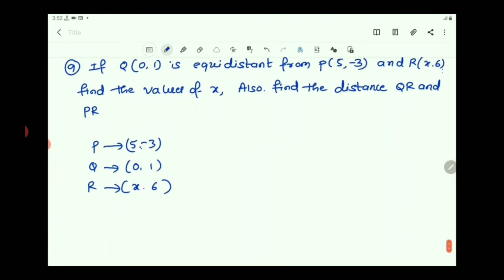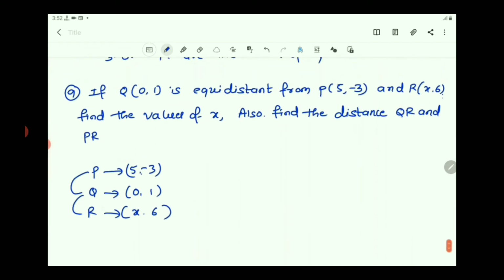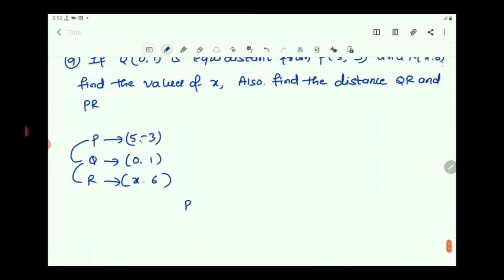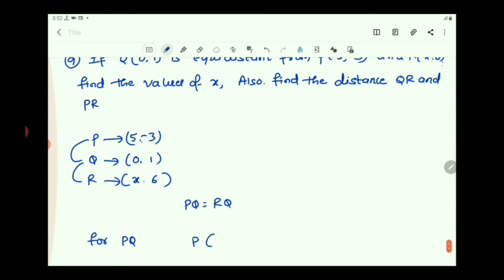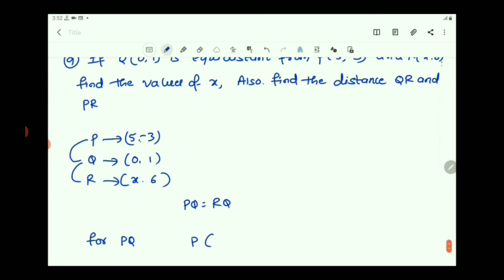Given that Q is equidistant from P and R, that is PQ equals RQ. And for PQ you take the points P and Q. P is a point with coordinates (5, minus 3) and Q is a point with coordinates (0, 1).